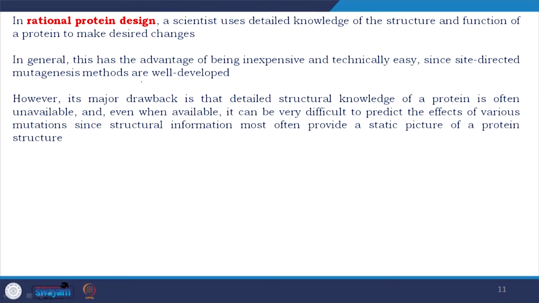However, its major drawback is that detailed structural knowledge of a protein is often unavailable, as in the initial description of this course, the challenges, we do not have enough structure.